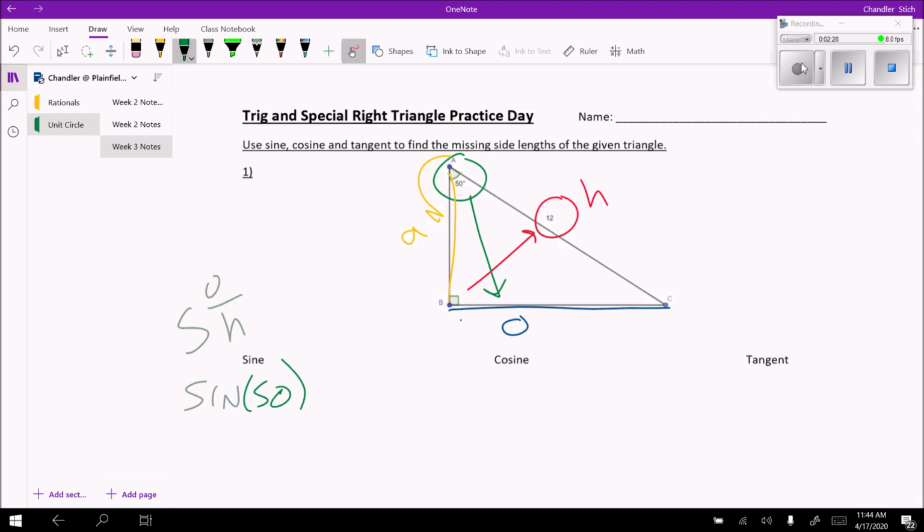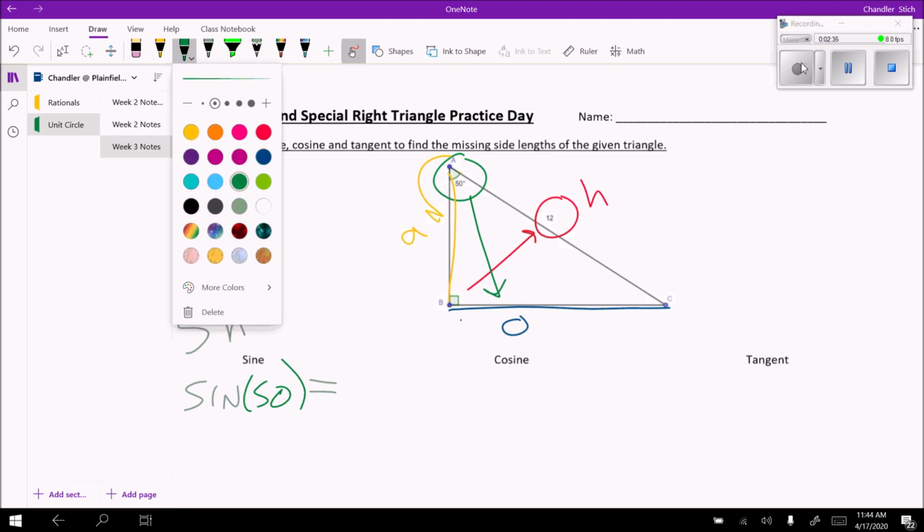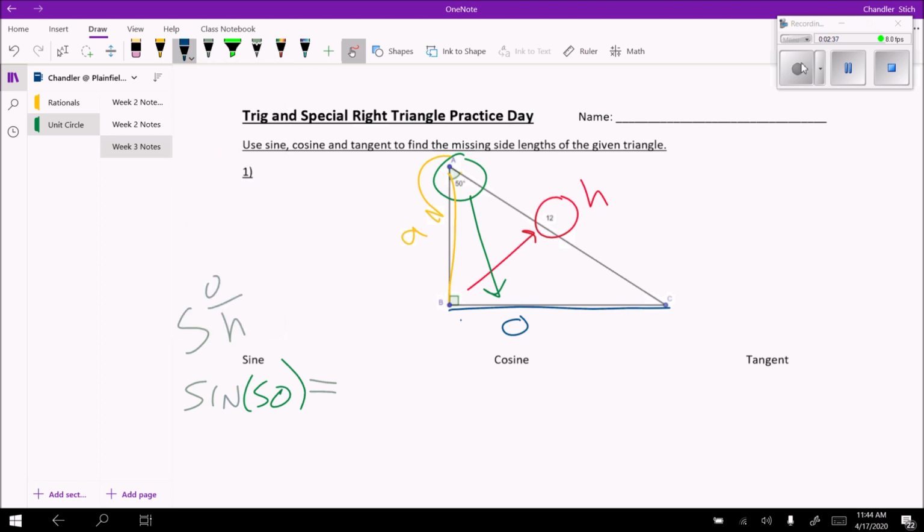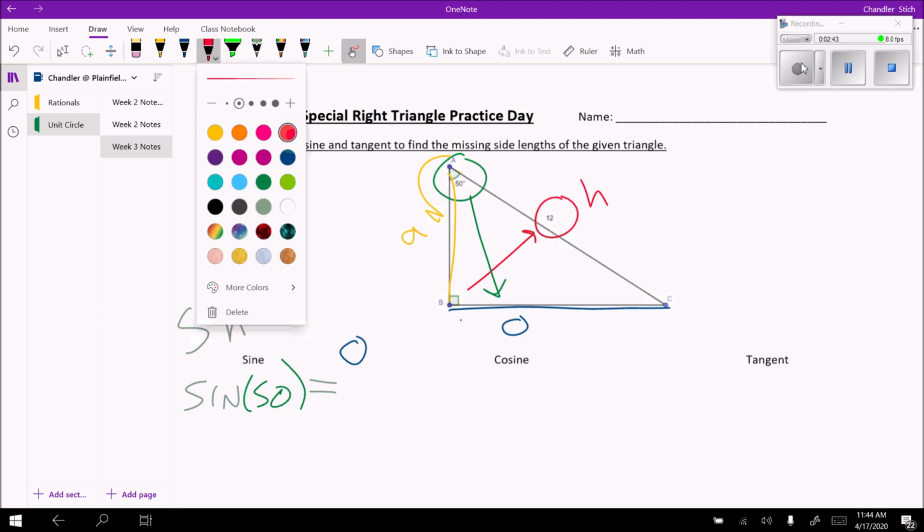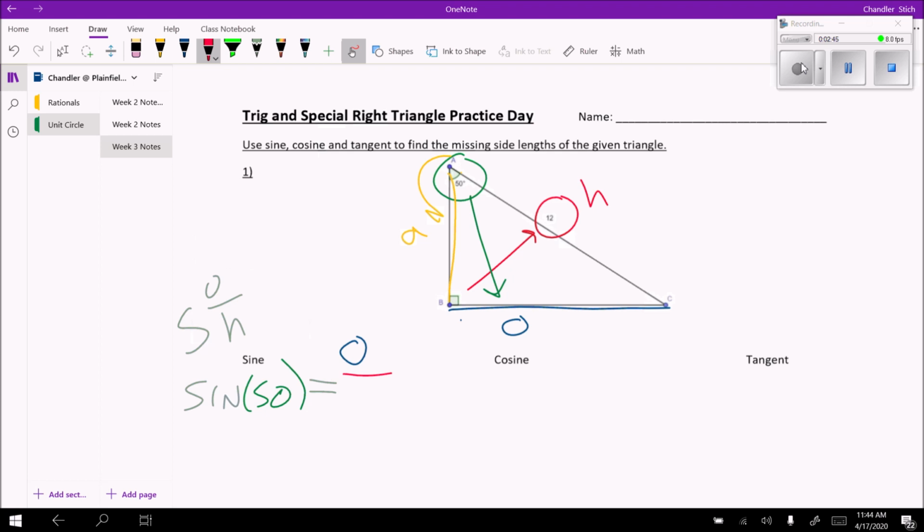Sine of 50 is equal to O over H. I do not know my opposite, but I do know H, because H is the one value they gave us, which is 12. Sine of 50 is equal to O over 12.